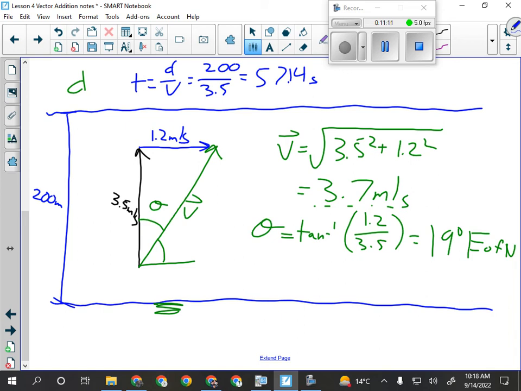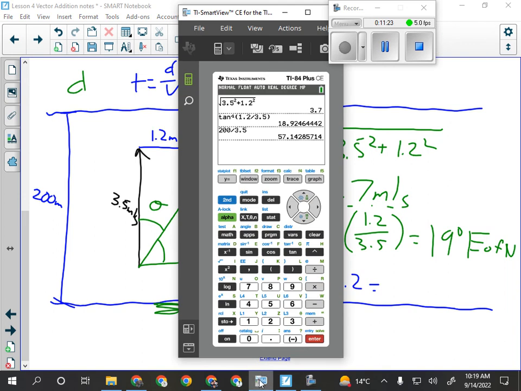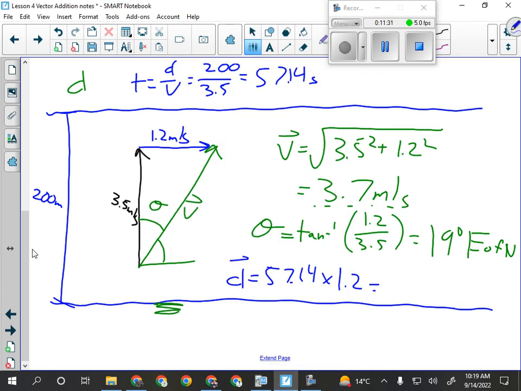So I can calculate my displacement downstream by simply taking my 57.14, my time, and multiplying it by the downstream velocity of 1.2. And that means I'm going to end up 69 meters downstream.